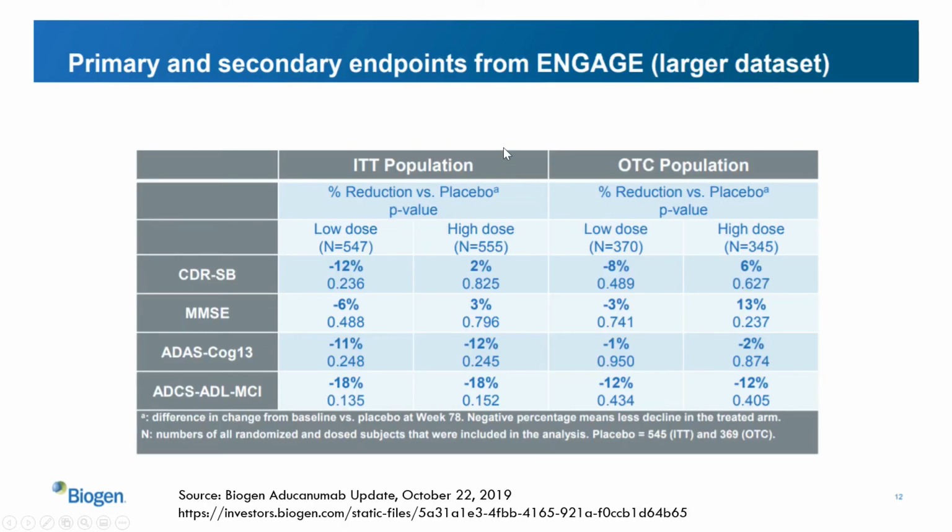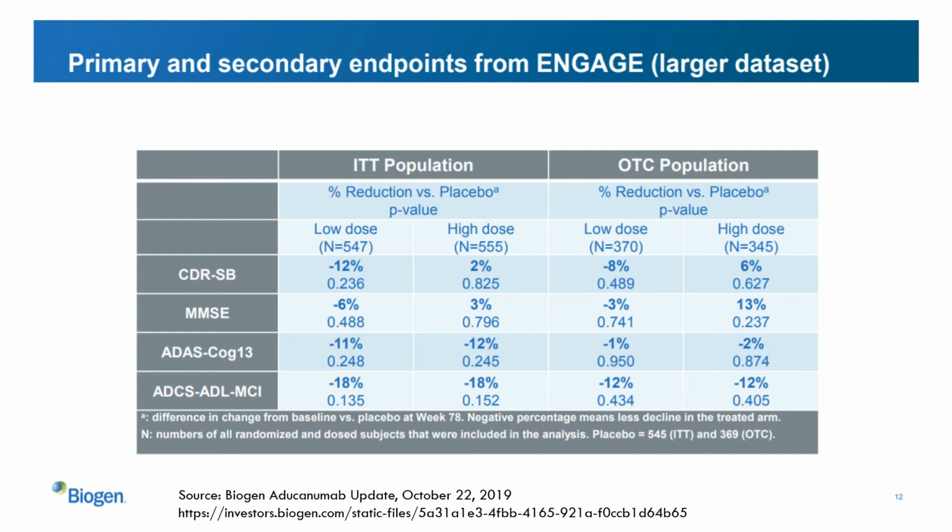Speaking of data, they haven't presented any new data here. So this is still the most important data we've seen, and again, this is from ENGAGE. This is the larger data set, and this still does not look good. Until they present new data that makes us believe otherwise, this is really all that we have to work with. If you include the larger data set and it still failed, then that 1 month difference in the timing of the protocol amendment has a lot of explaining to do.